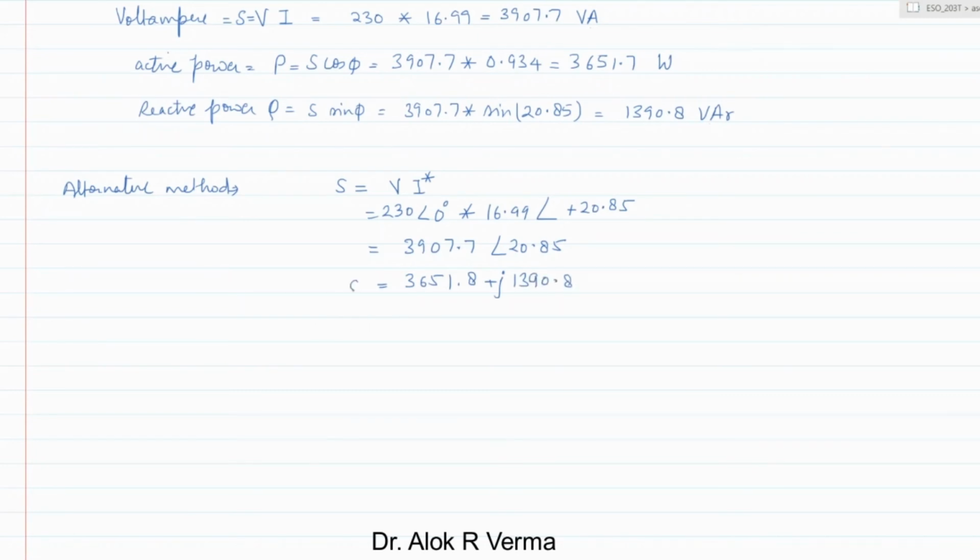Now if you compare S with P plus jQ, you can find P as 3651.8 watt and Q as 1390.8 volt ampere reactive, and this S is volt ampere. So this is another method, using this identity, by which you can find the total volt amperes.